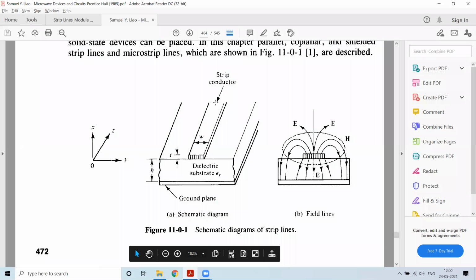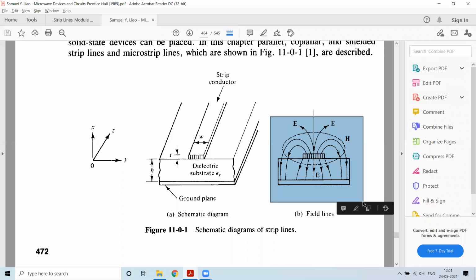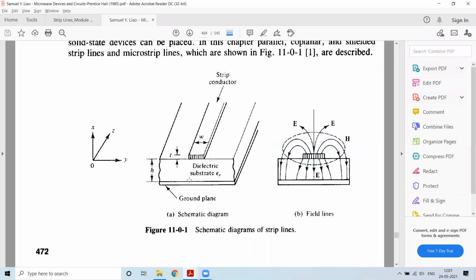Now what happens is, when you pass current through this, or when you have a magnetic field associated with this, it gives rise to the current, which in turn gives rise to the electric field. So when we consider this, this is how the field lines will appear.